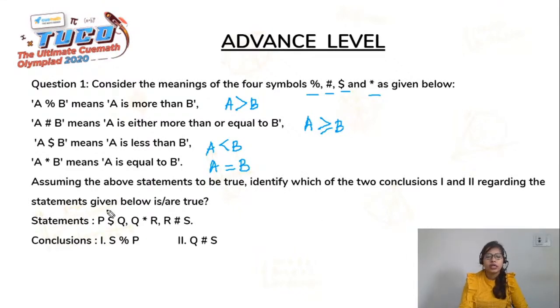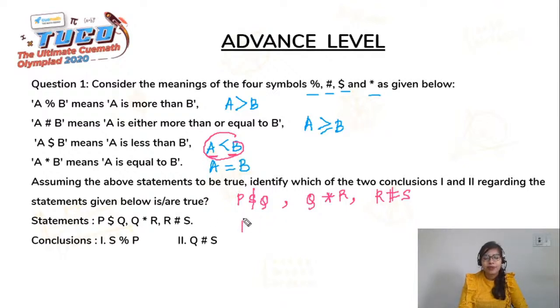That's correct. Okay. So if I look into P dollar Q, and then Q star R, and R hash S. So P dollar Q means that the first variable is smaller than the second one.